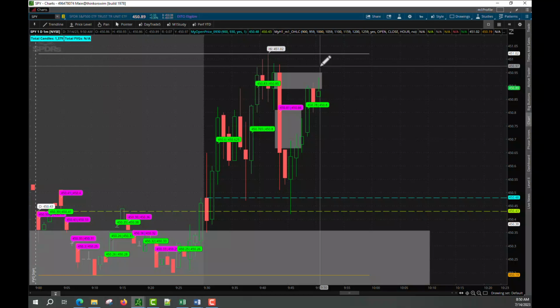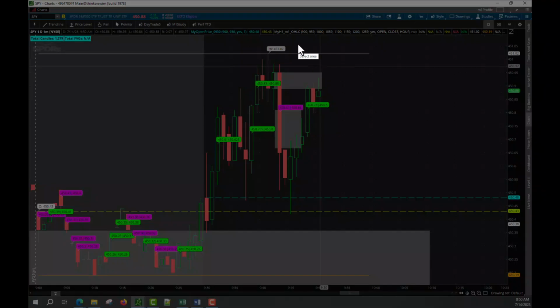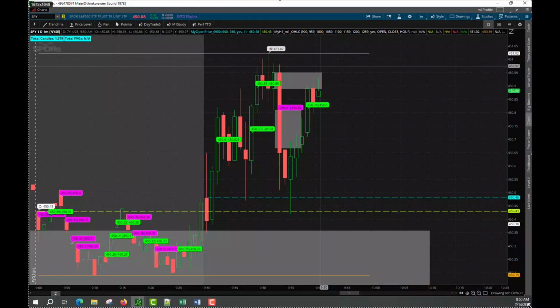Wow, I want to check this again. The same idea, but we're going to take the entry. Right, better entry, right? At 950. See if we get a better entry.